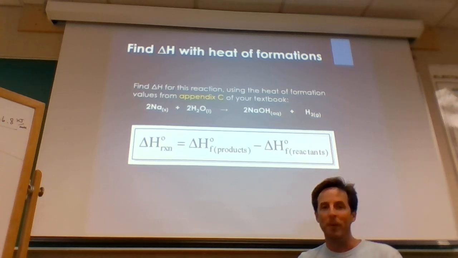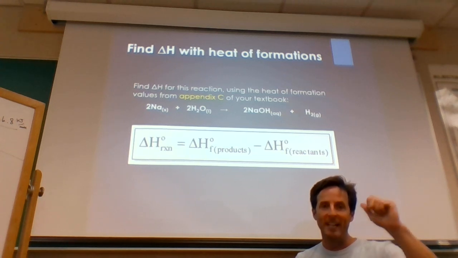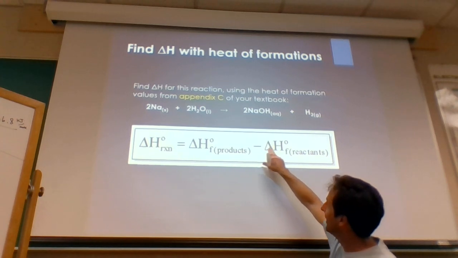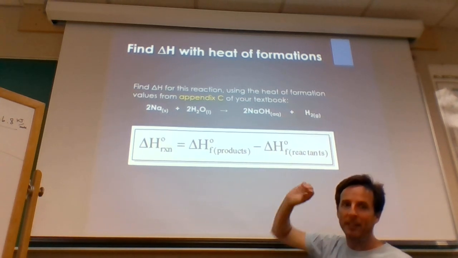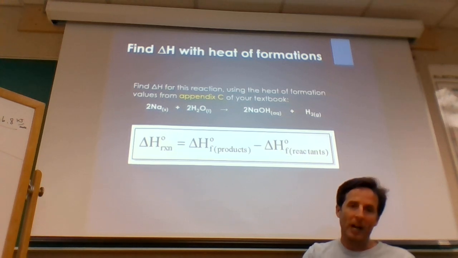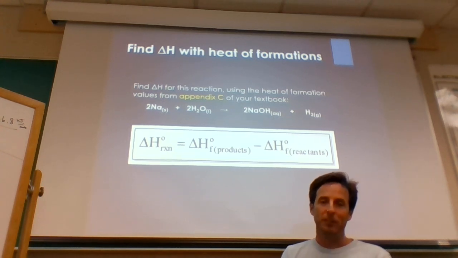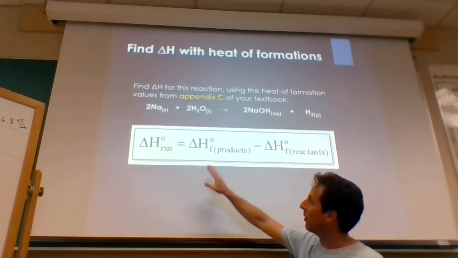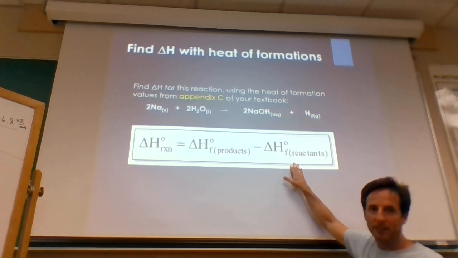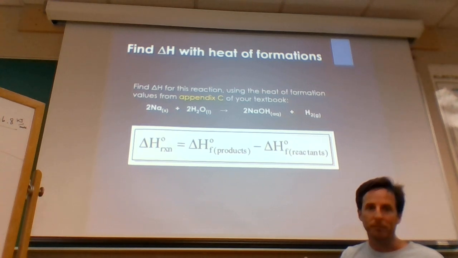So the heat of formation value is actually the opposite of what we want. We're going to change the sign, or if I subtract the number from the appendix, that's going to change the sign for me, okay? Now, you really don't have to overthink it. Essentially, if you look in the appendix and get the numbers for all the products, and then subtract the numbers for all the reactants, then you're going to get the right answer.